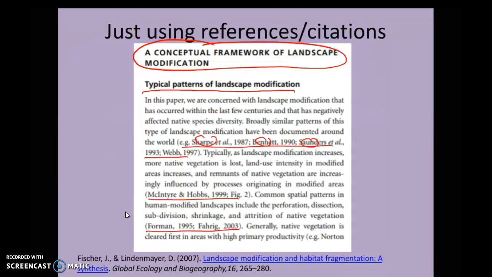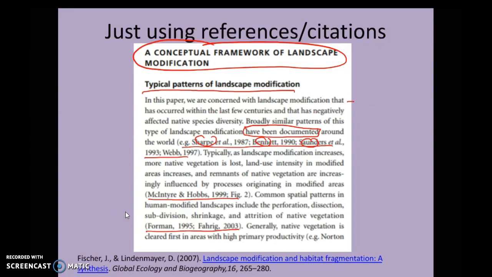So in this paper, we are concerned with landscape modification that has occurred within the last few centuries and it has negatively affected native species diversity. Then comes a sentence that has a lot of citations. The sentence here only says broadly similar patterns of this type of landscape modification have been documented around the world.